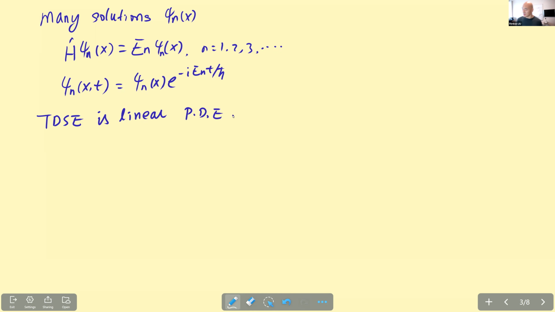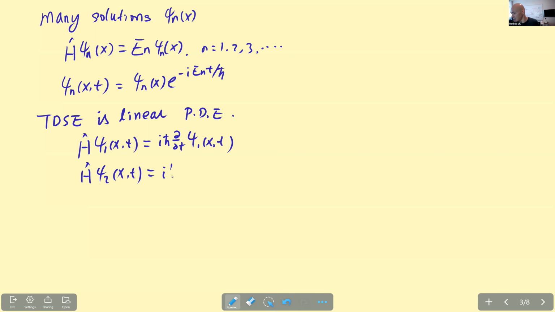So that means if you have, for example, H psi_1(x,t) equals i h bar partial t psi_1(x,t), and this one equals i h bar partial t psi_2(x,t), suppose you have two solutions.